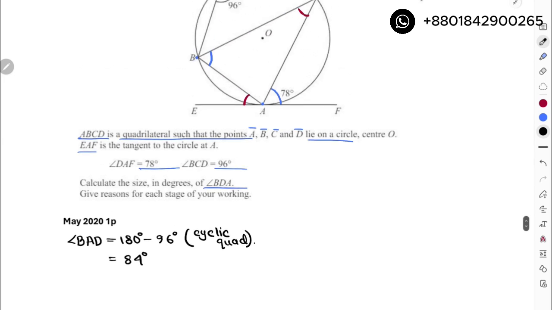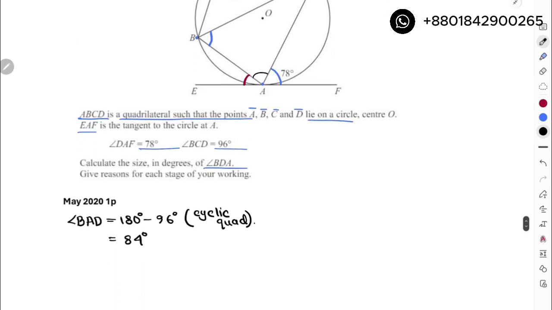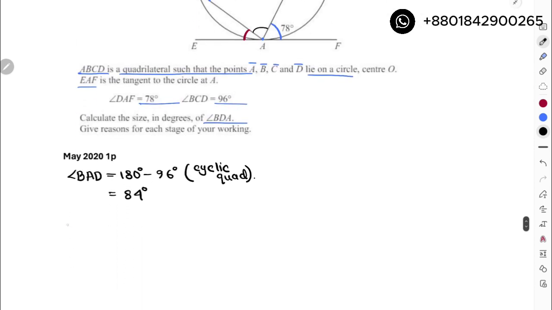Okay, if this is 84, then I'll try to find out the value for this red angle, which is angle BAE. That is going to be 180 minus 78 degrees minus 84 degrees, and this is under the sum of angles on a straight line.